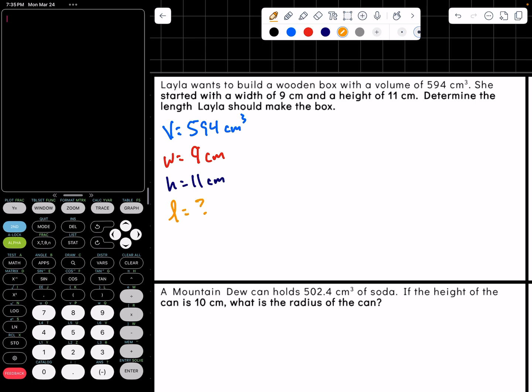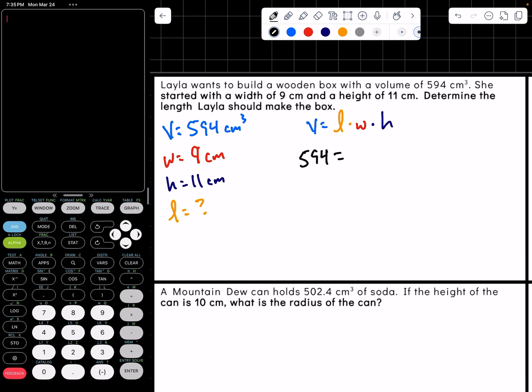So that is what we don't know. Our volume, we know, is made up of base times height, which is essentially our length times our width times our height, okay? So I'm just going to plug each one of these values in where it belongs.